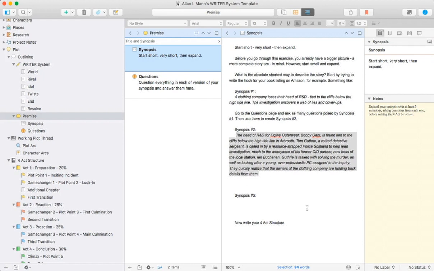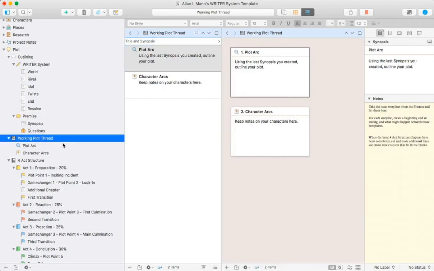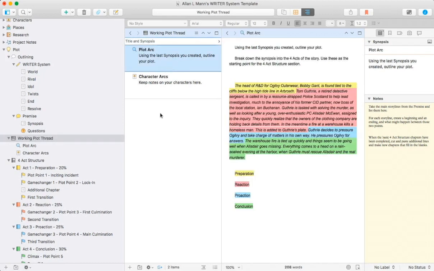And you're going to take all of that information and write your 4-act structure. So over here on the left, all of these folders and sections in Scrivener, we're now at this working plot thread. 2 sections here, plot arc and character arc.